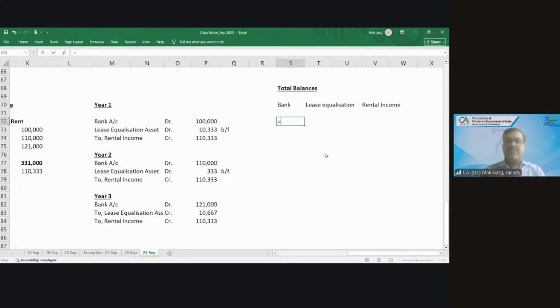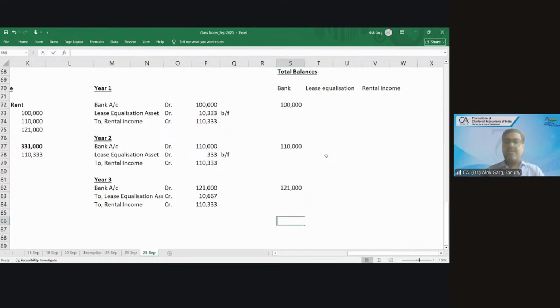My bank: 1 lakh I have received, 1,10,000 I have received, and 1,21,000. So what is the total amount I have received in the 3 years?